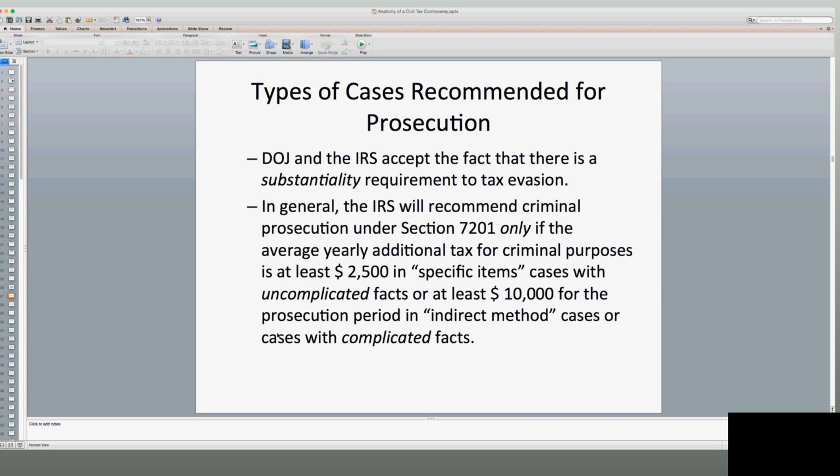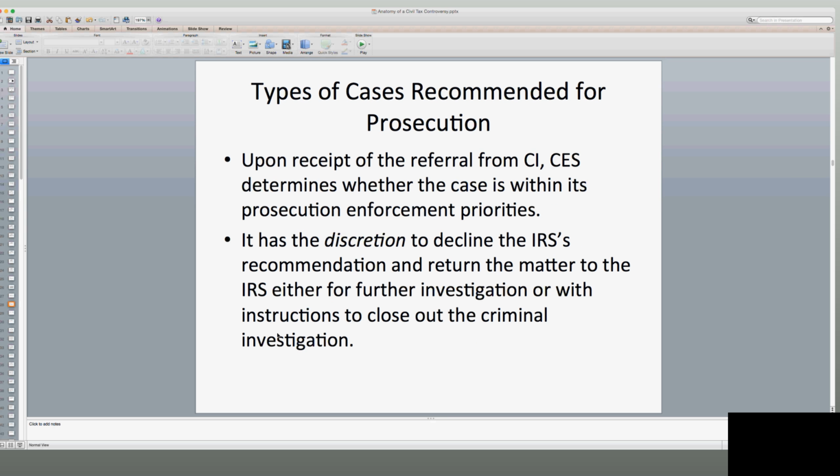And when I talk about specific items and indirect method cases, those are specific terms of art that relate to reconstruction of gross income. I will be covering those in a separate seminar. If you have any questions, I believe that seminar is going to be held on May 17th, and I'll cover specific items and indirect method cases in more detail.